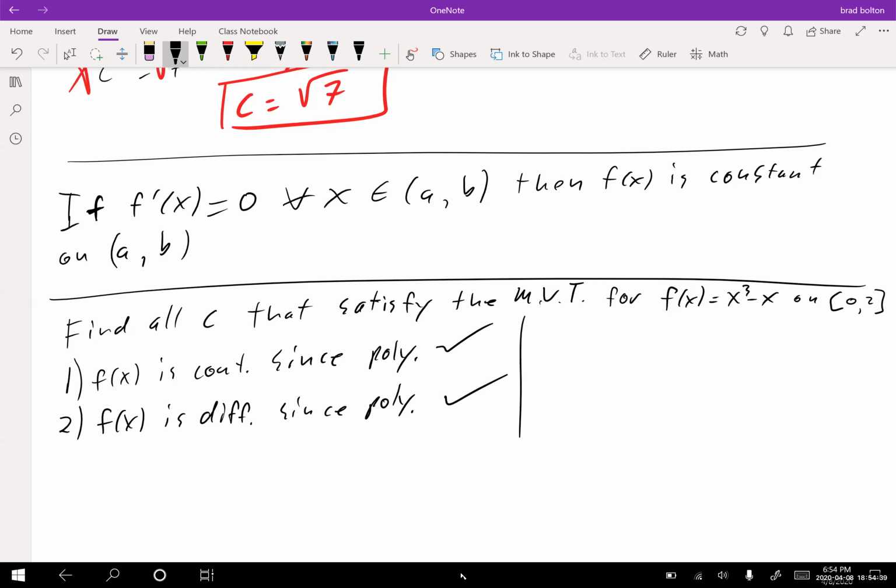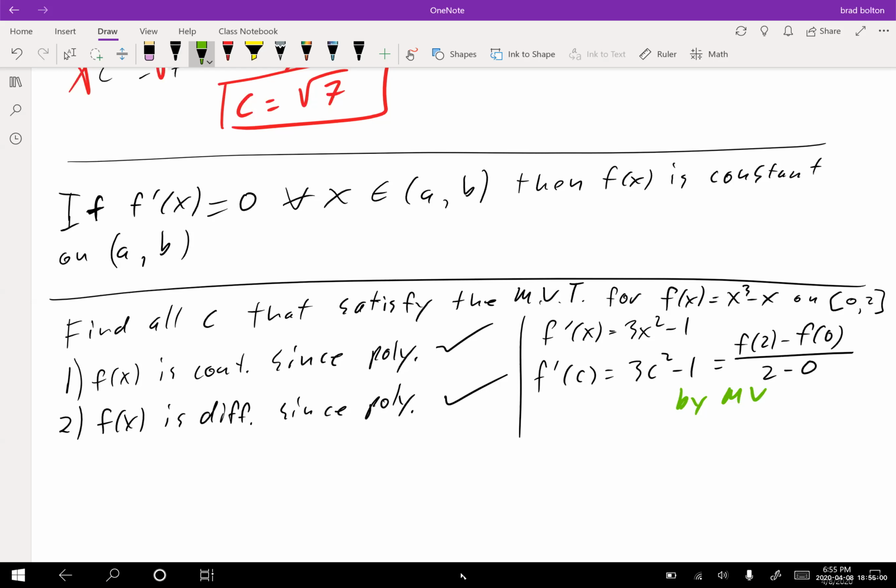So now we can find f prime of x is equal to 3x squared minus 1. So then f prime of c is equal to 3c squared minus 1. And that has to equal f of 2 minus f of 0 all over 2 minus 0. Who says that has to be true? The mean value theorem said this had to be true. Okay, that's its promise.